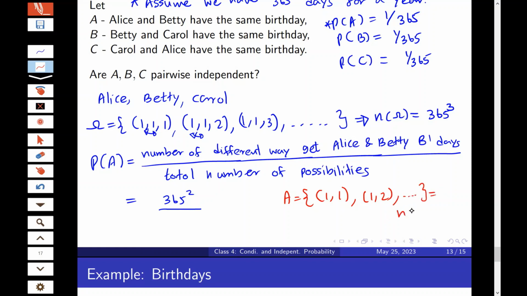So in A we have 365 squared, and in the total number of possibilities 365 to the power 3. So similarly we can find the probability of B and the probability of C, both are 1/365. So that's how you can find these numbers.